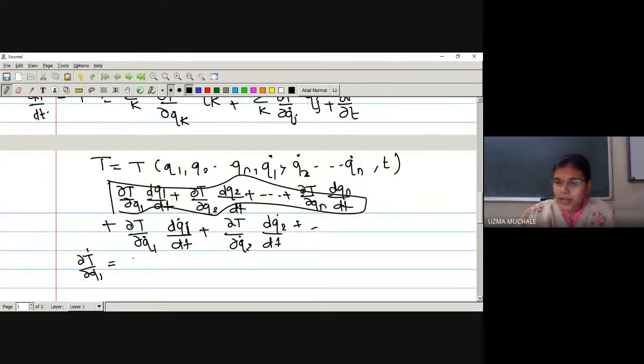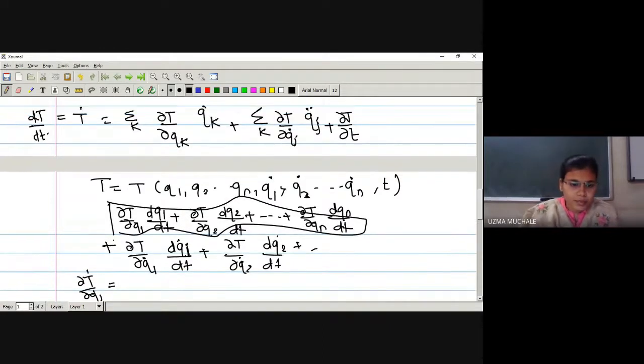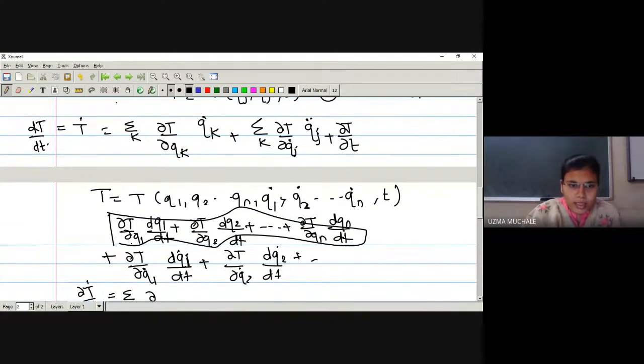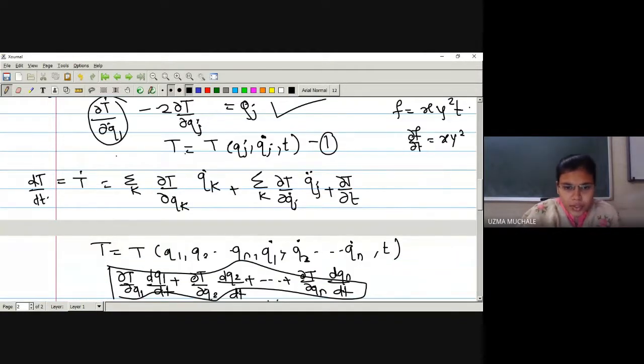So let me evaluate the term. The first term we are going to evaluate, summation over k, right? So we have to differentiate with respect to qj dot, so that we will write down. Now again the same question: as T is a function of qj dot and t, and we are going to differentiate T with respect to qk, that is, with respect to the first variable, qj.